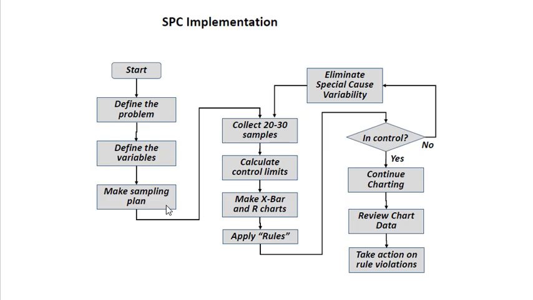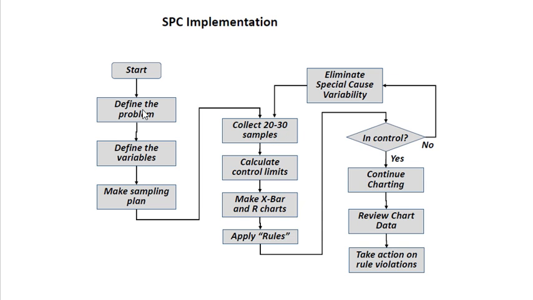So every time we want to monitor a process, this is what we do for the implementation of your SPC, which is your statistical process control, meaning we're going to use a number of data. And we're going to look at the process, and we're going to control that process by monitoring it consistently.